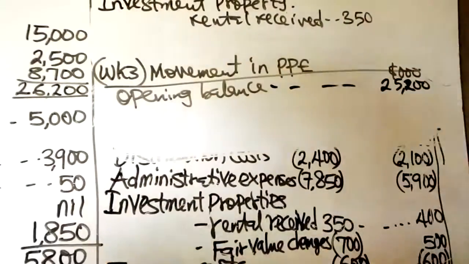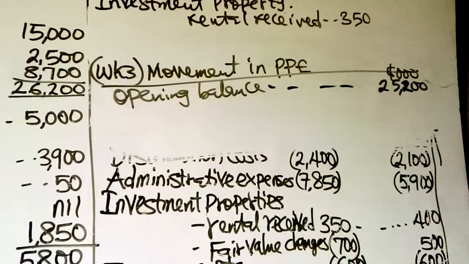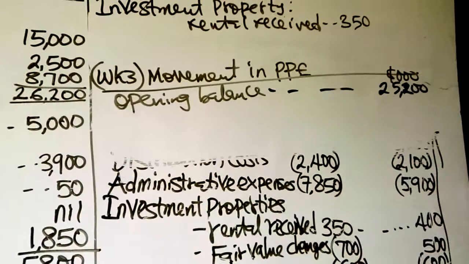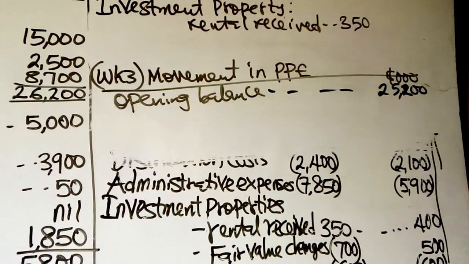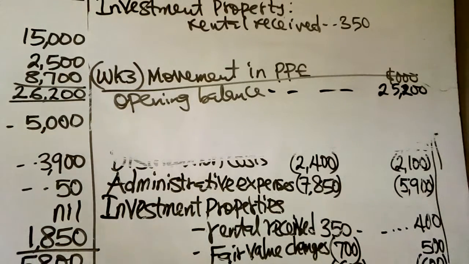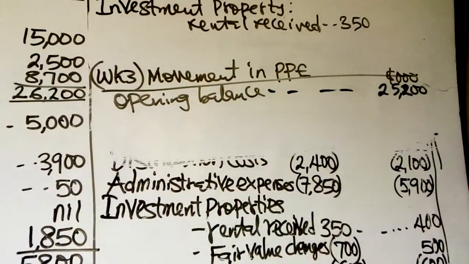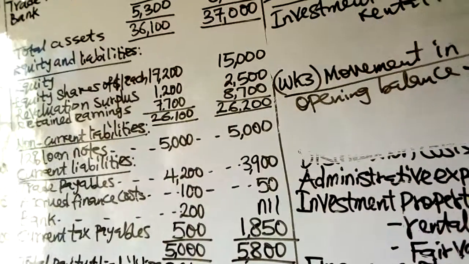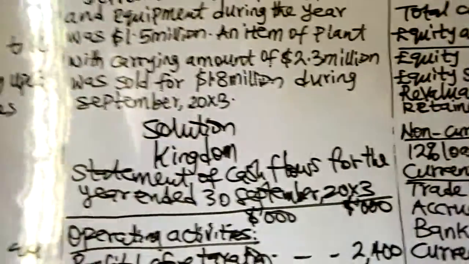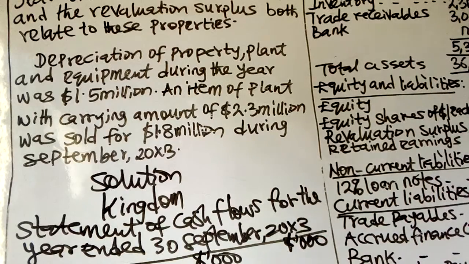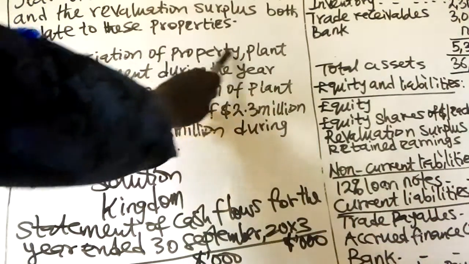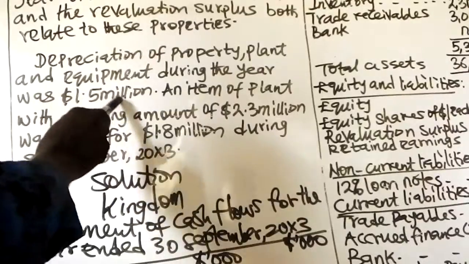There are a number of items that can make the PPE to change. Number one, we have depreciation. Where PPE is depreciated, the value of the PPE will reduce. By PPE, I mean property, plant, and equipment. Depreciation of property, plant, and equipment during the year was 1.5 million.